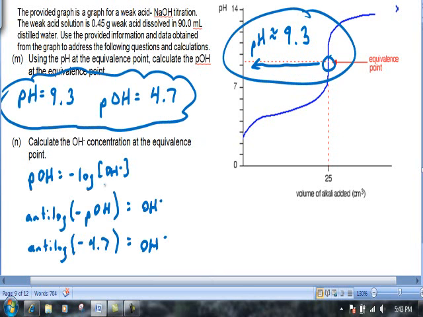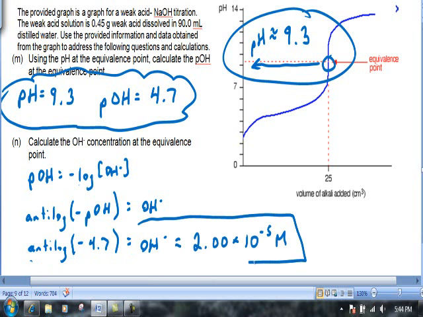We can use the pOH in the relationship pOH is negative log of the hydroxide concentration to calculate our OH concentration by using anti-log negative 4.7 will give us our hydroxide. Calculating the hydroxide, we find our hydroxide concentration is 2.00 times 10 to the negative fifth molar at the equivalence point.